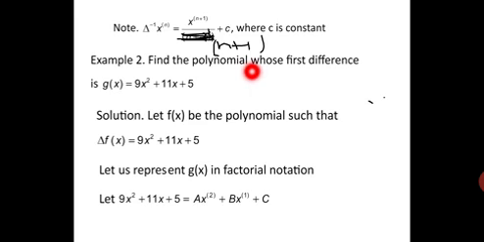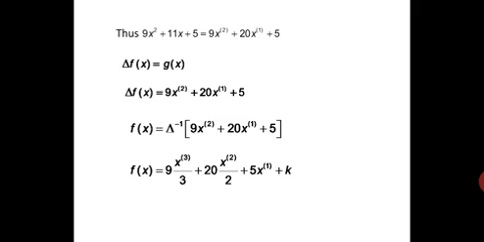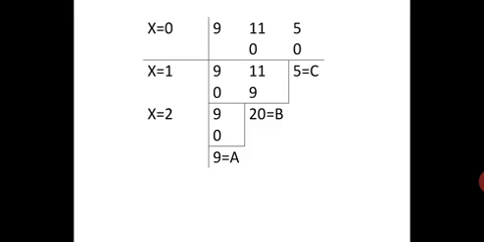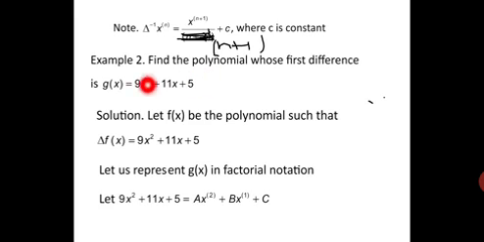By using that formula we are going to find a polynomial. Find a polynomial whose first difference is g of x, that is 9x square plus 11x plus 5. They have given a first difference, that is, delta of f of x, and they have named it g of x.